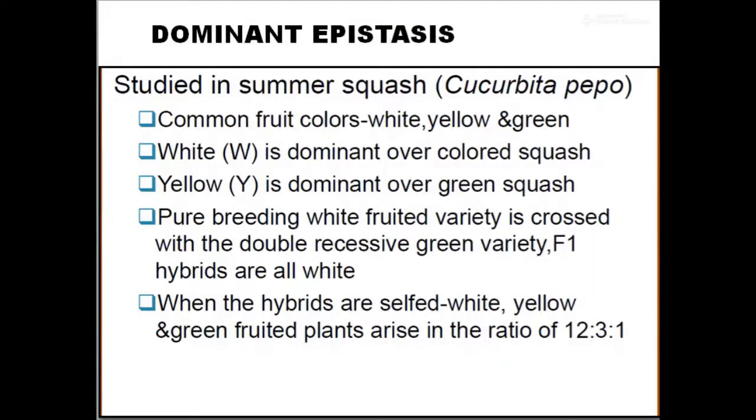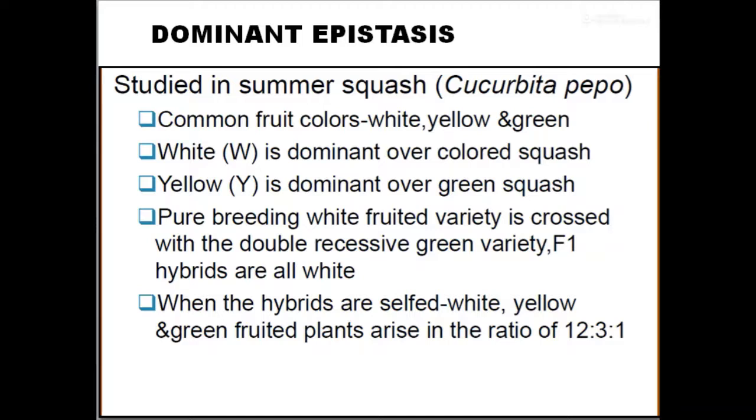If we look at dominant epistasis, the epistatic gene being considered here is a dominant gene. And this has been found in various plants as well as animals. But here, we mainly consider an example of summer squash, or Cucurbita pepo.